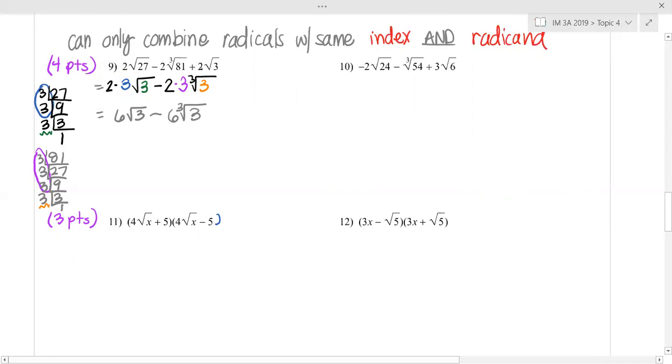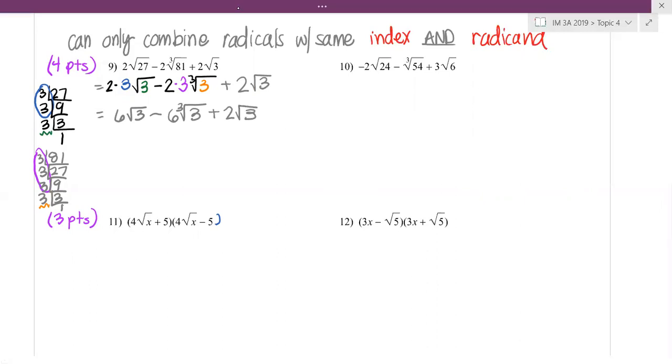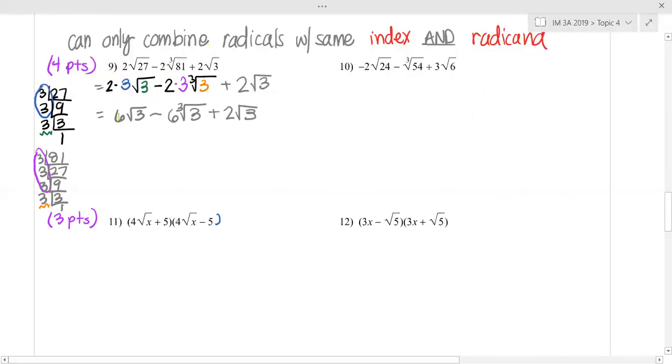And then our last term is plus 2 times the square root of 3. 3's prime, so we know that we can't simplify that anymore. So remember that we have to have the same index and the same radicand. So that means that the only two pieces that we can combine are the square roots.